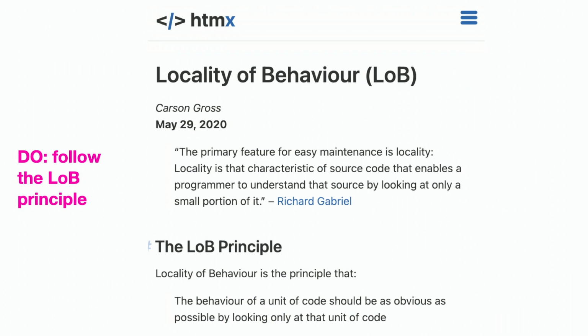Another principle that I like to have followed in tests, and I make the mistake myself, is locality of behavior. This is an essay from the HTMX author, and locality of behavior means if I look at a function, I know immediately what that function does just by looking at the function's code.